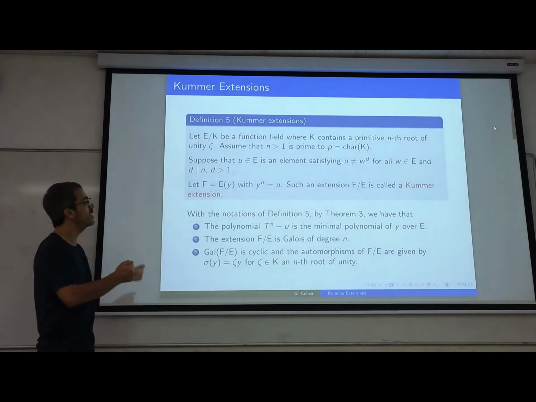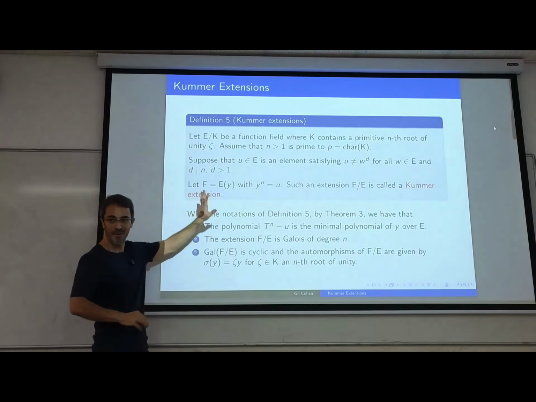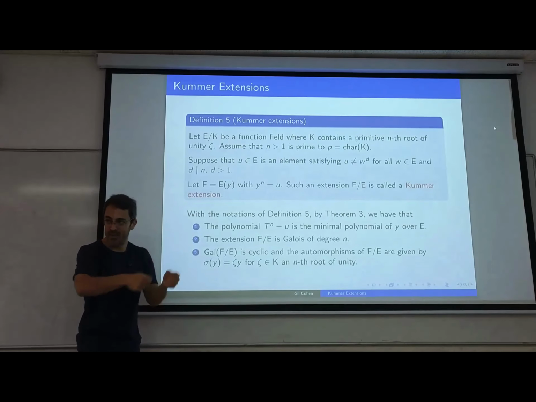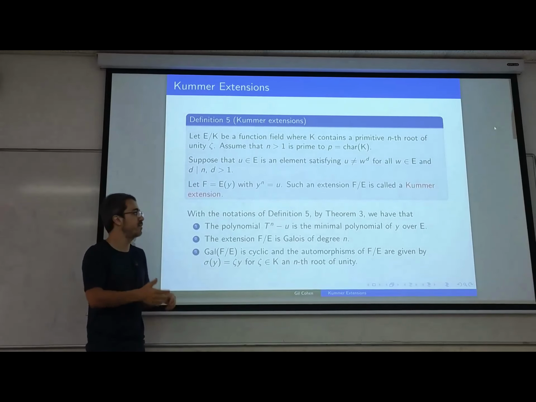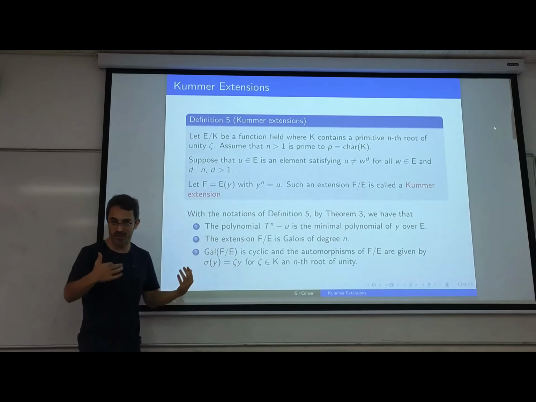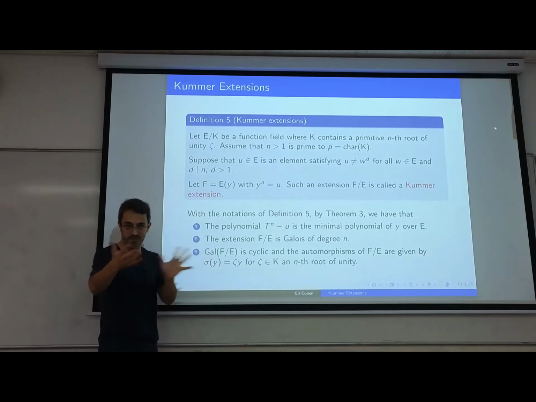So again, a Kummer extension is very simple. You have an element u in your field, and you want to take its roots. Maybe you take x plus 1, and you want to take its third root and add it to the new field that you are constructing. So that's going to be y cubed equals x plus 1.